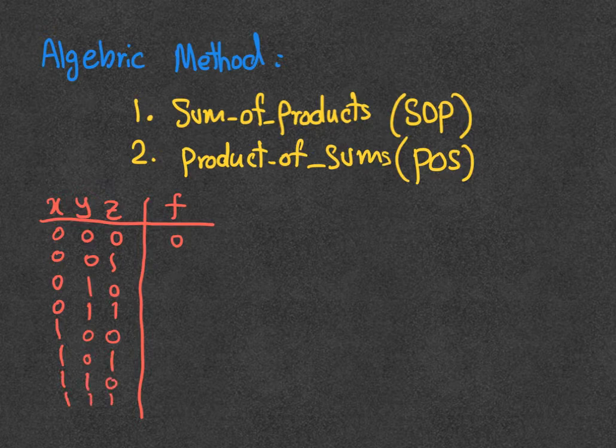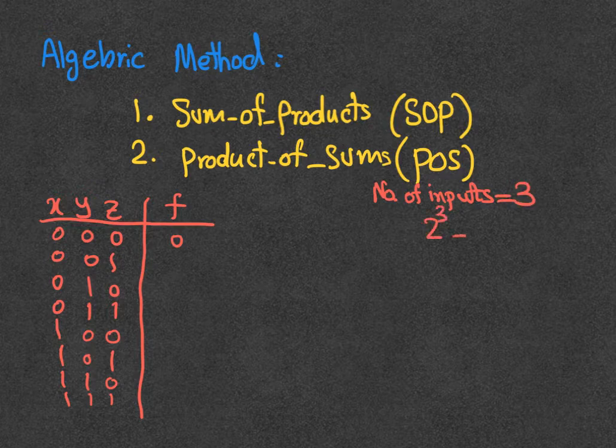Since you have three inputs, the number of rows in your truth table is going to be 2 to the power of 3, which is 8. So you're going to have 8 rows in your truth table.